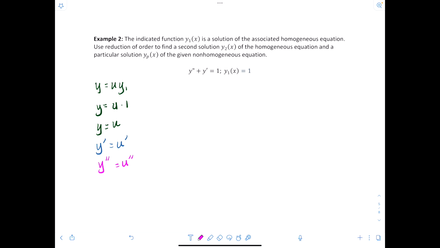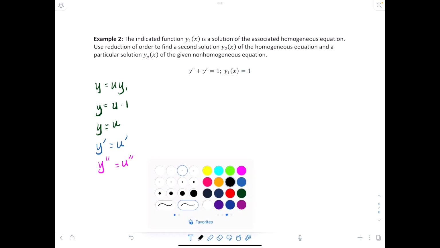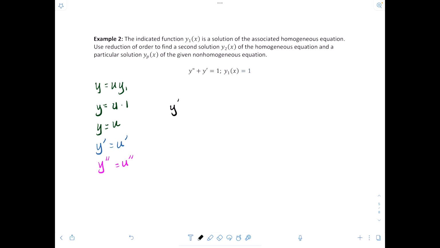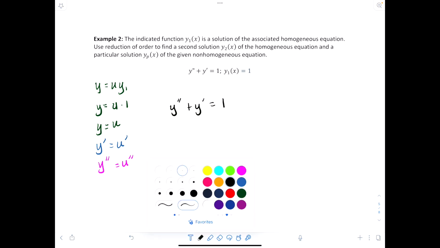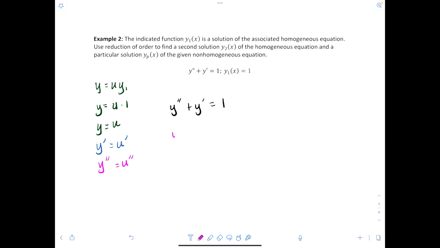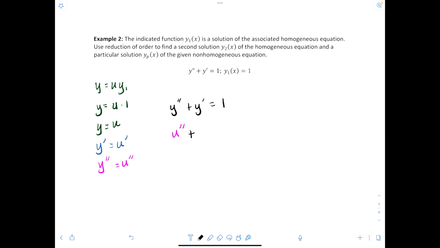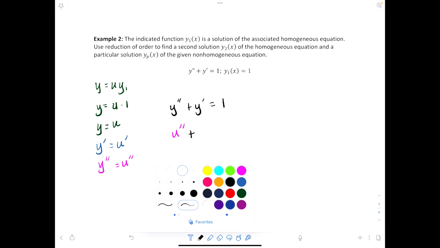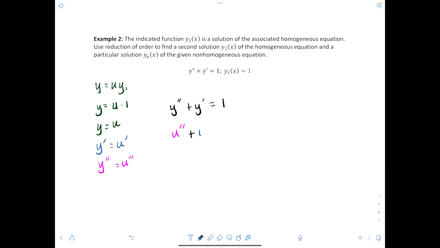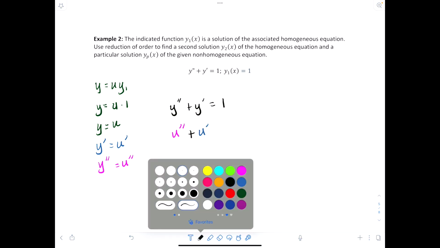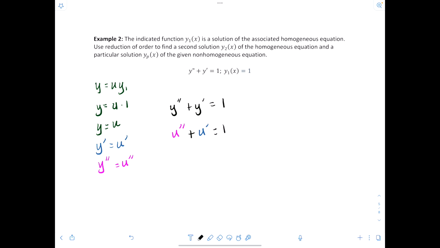Okay, so now when we combine them together, we have y double prime plus y prime is 1. And so y double prime was just u double prime, and then y prime was u prime, and then those will equal 1.